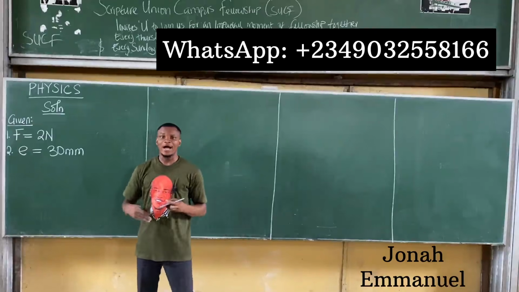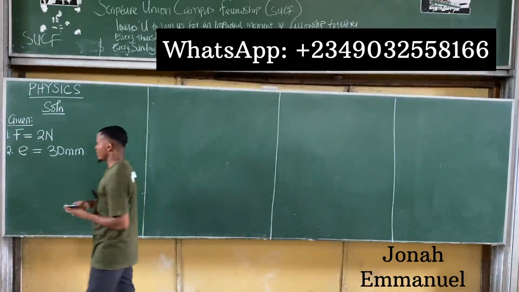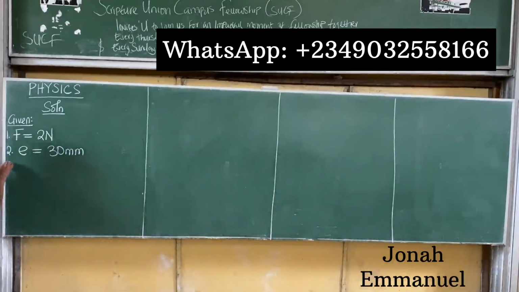So I'm looking for another force. Let me call the extra force F2. If this is F2, let's now rename this as F1. Since F1 stretches the elastic material by this, let me call this E1, where E1 is simply the extension of F1.